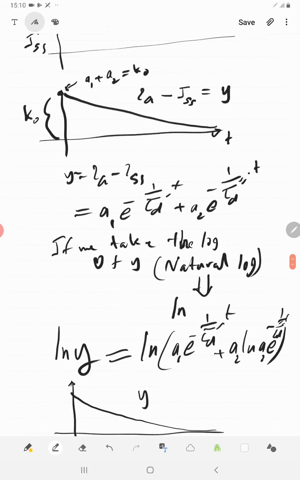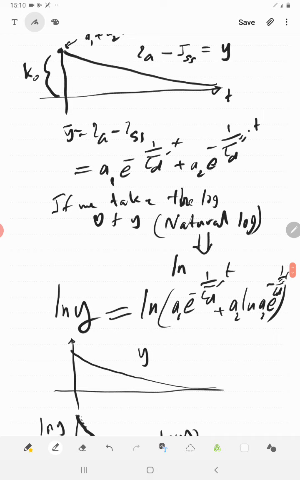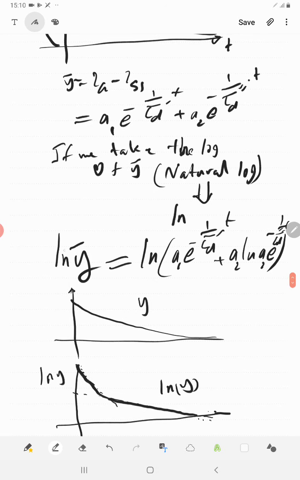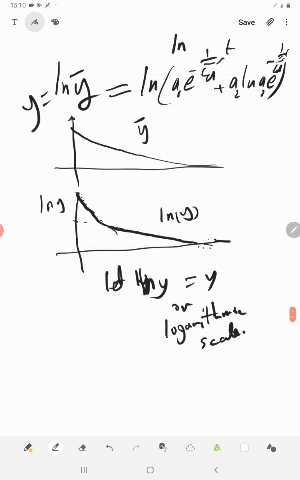Let's say this, for example, to separate that. Let's say this is y bar. Then if we take the natural log of y bar, and let's name it y, okay? This is y. So we know this is y bar here, and this is ln y bar, let's call this y.